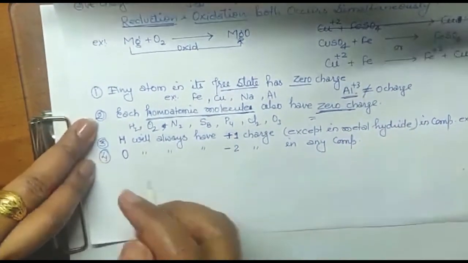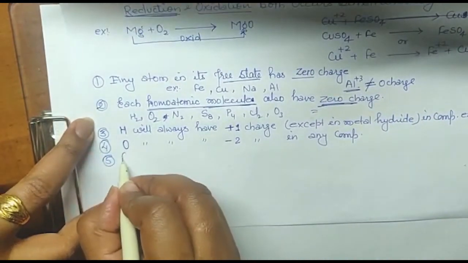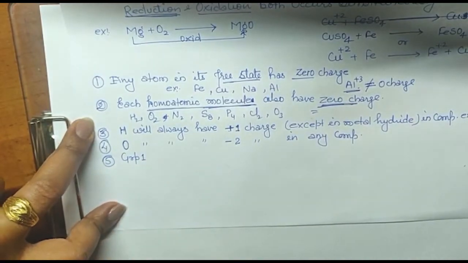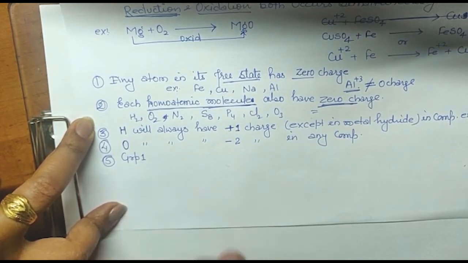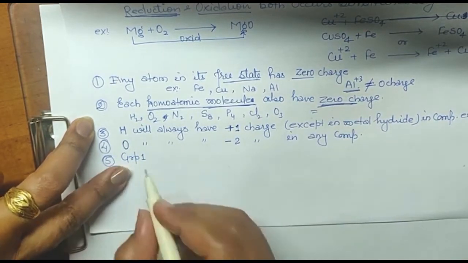Clear? Fifth point, group 1. I have explained group 1 already. Group 1 elements are H, Li, Na, K, Cs, Fr. Okay.